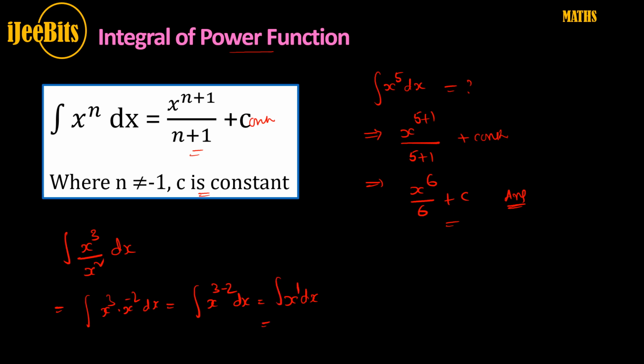So the answer would be x to the power of n plus 1, here n equal to 1, so x to the power of 1 plus 1 by 1 plus 1. This implies x square by 2 plus some constant would be your answer. So likewise, you should be able to solve the problems. This is a simple thing, but you widely use it in other subsets of problem solutions.